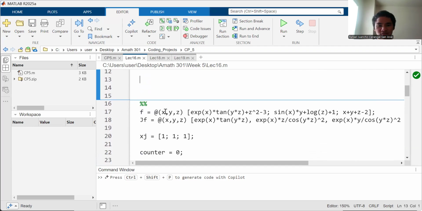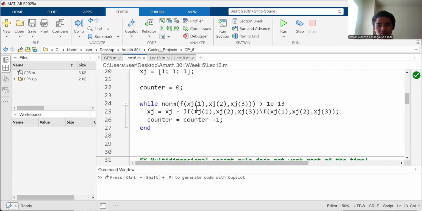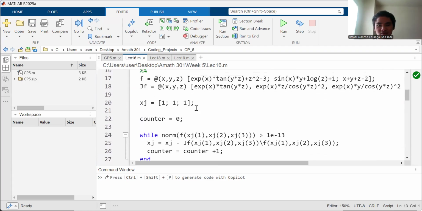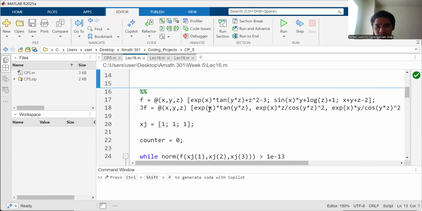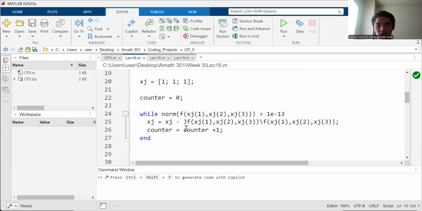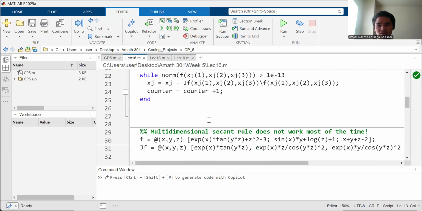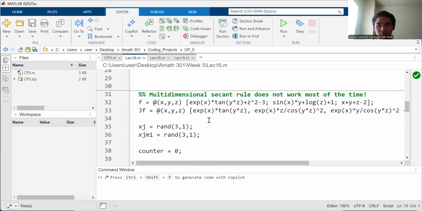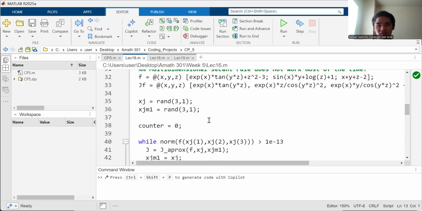And then here's another thing that we could have done, right? And I think this one is doing a while loop this time. And we're trying to find when it's greater than this. And then this one's secant rule, which doesn't work most of the time.